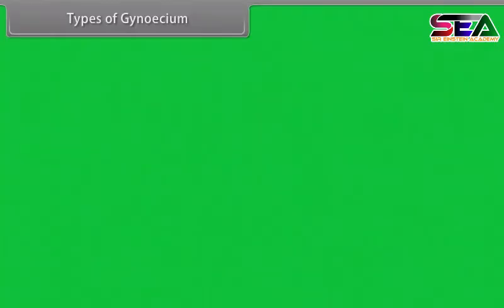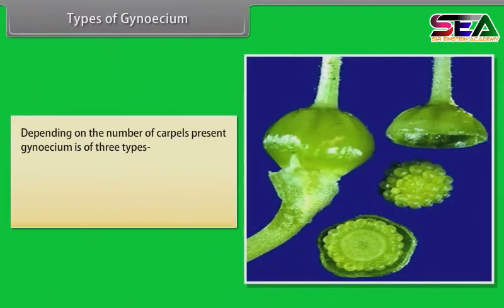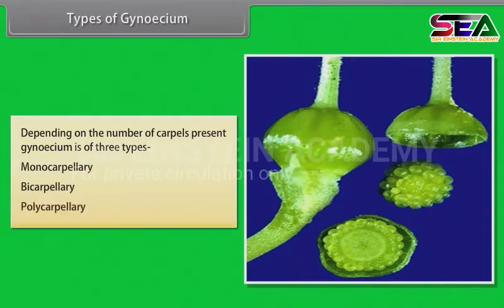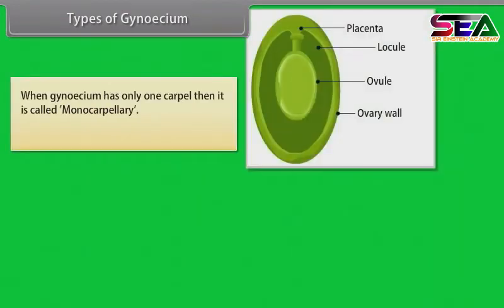Types of gynoecium. Depending on the number of carpels present, gynoecium is of 3 types: monocarpellary, bicarpellary, polycarpellary. When gynoecium has only 1 carpel, it is called monocarpellary. Example: pea, Leguminosae.